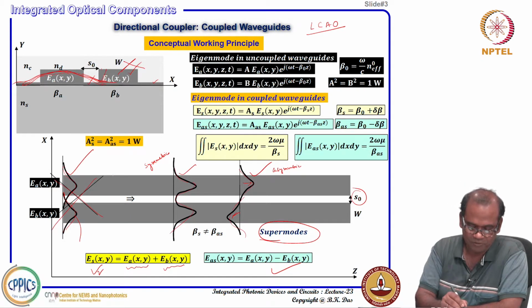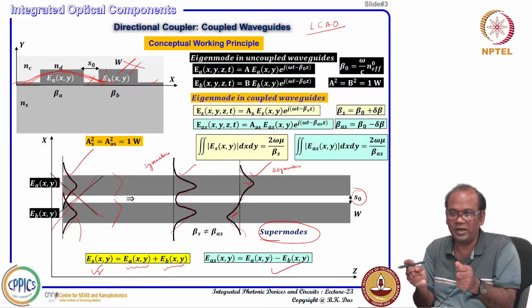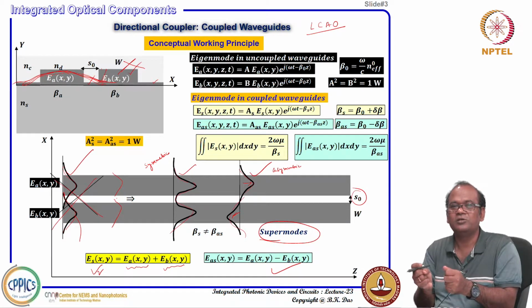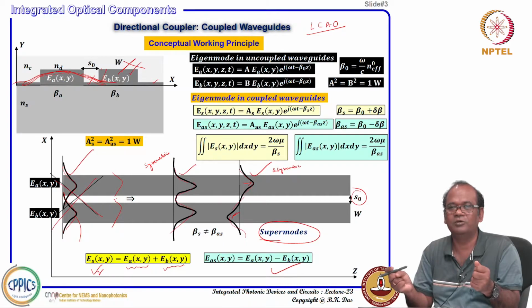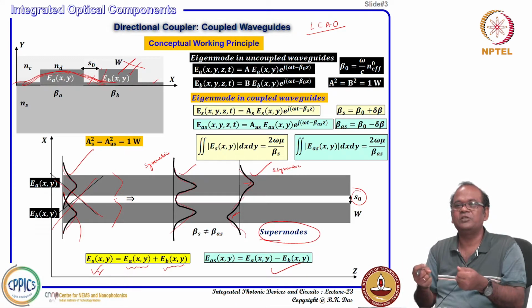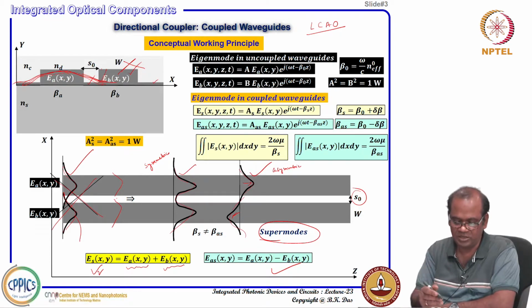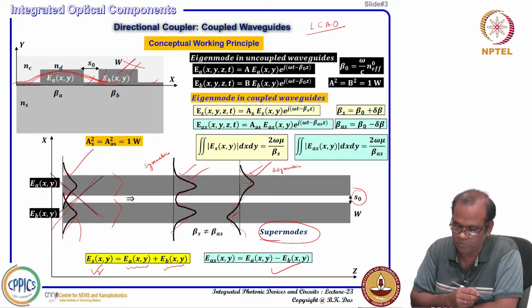You can imagine also here one photon state wave function is like that, another photon wave function is like that, and when these two come closer they will be interacting with each other, and that will give you some kind of splitting into two different wave functions. Sometimes electronic states in a crystal are split because of the presence of some kind of perturbation. Here also this perturbation is causing some kind of splitting, we call them supermodes.